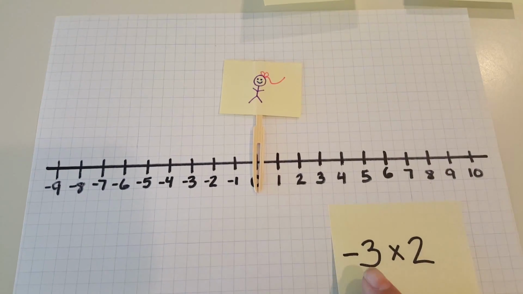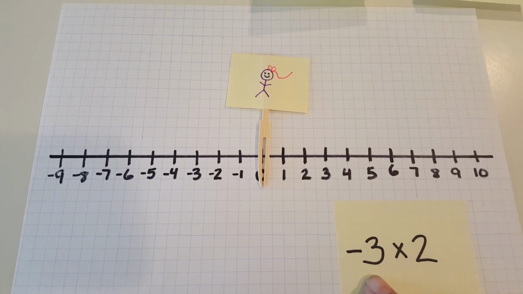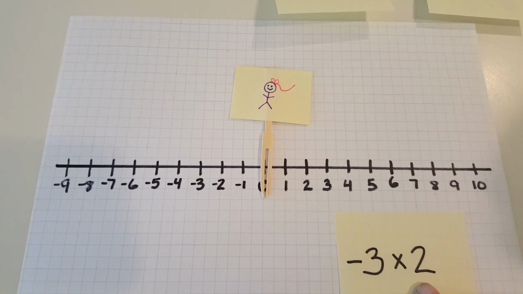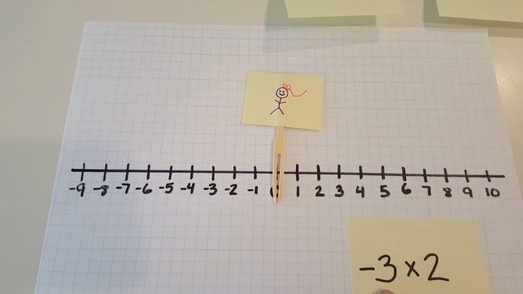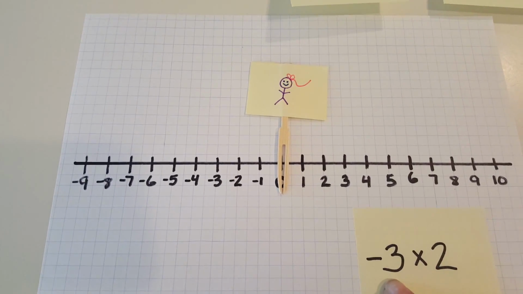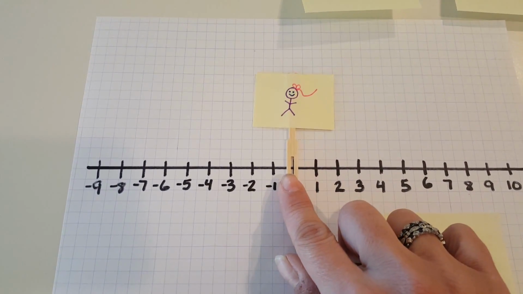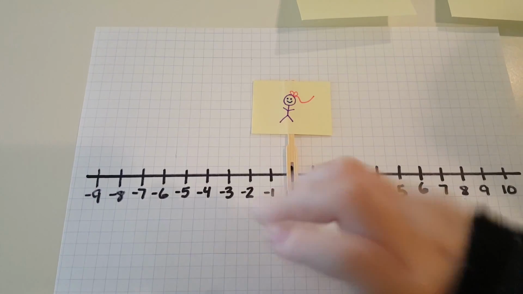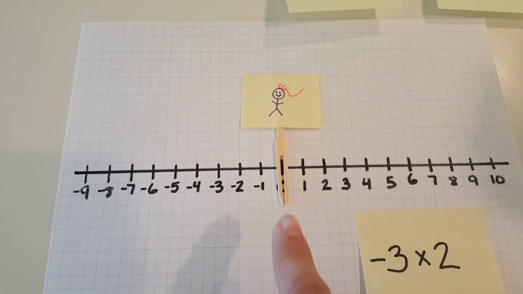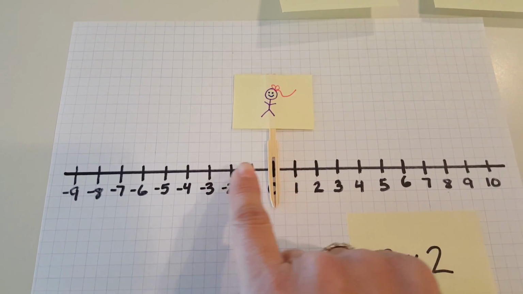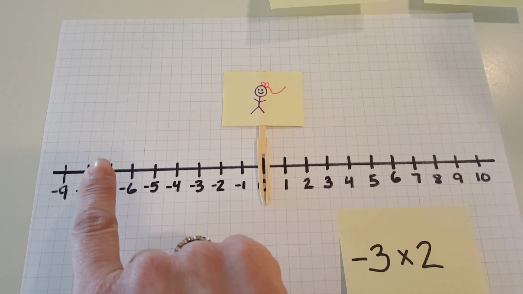Okay, so let's remember. The first number in the problem tells us how many steps we're going to take, and the second number is going to tell us how long each step should be. Well, my first number is negative. That means I need to take a negative number of steps. So I'm going to make sure that my walking girl is facing the negative side of the number line.